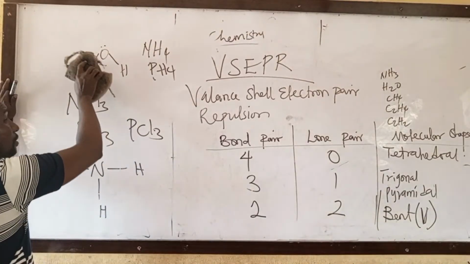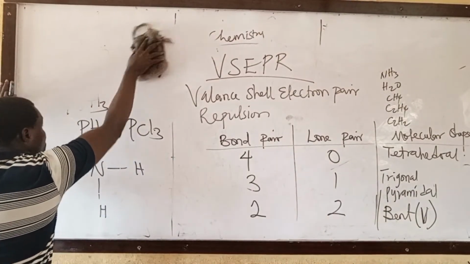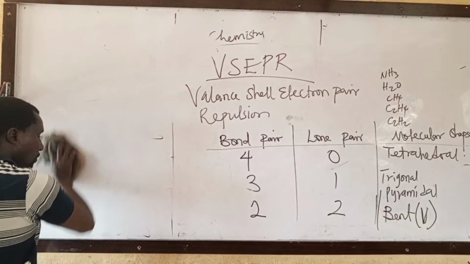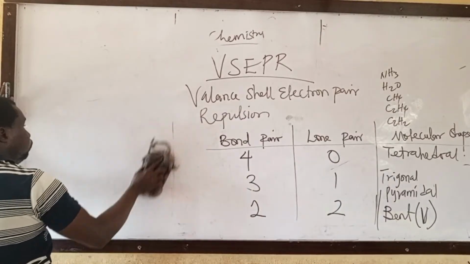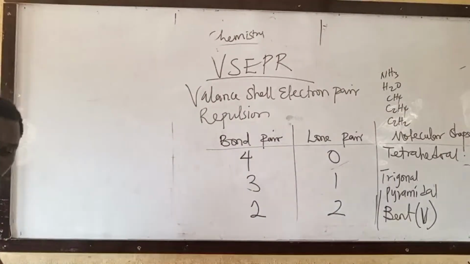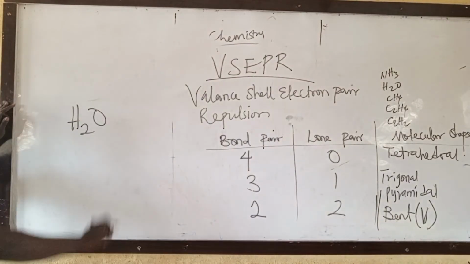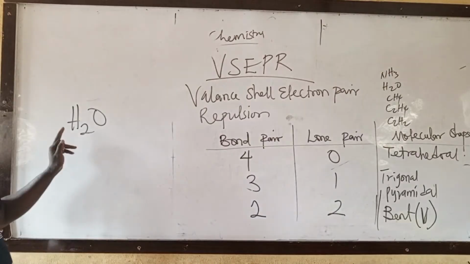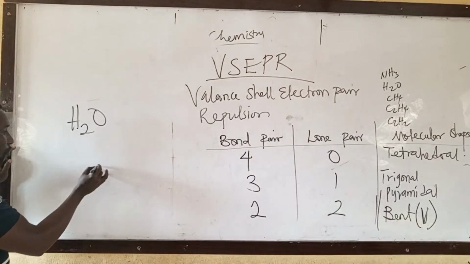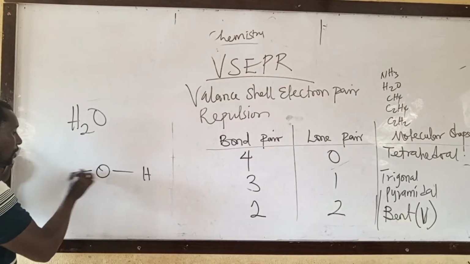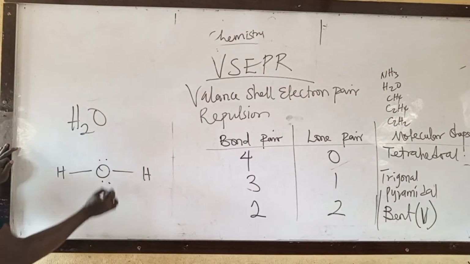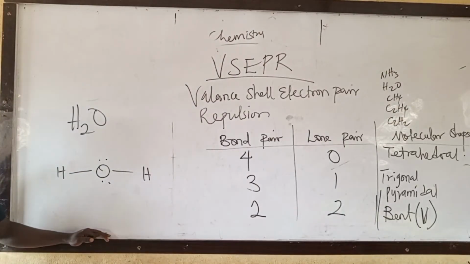Are we set? Example of this: H2O, water. Look at it. How many bond pairs? How many lone pairs? Therefore, it is what?